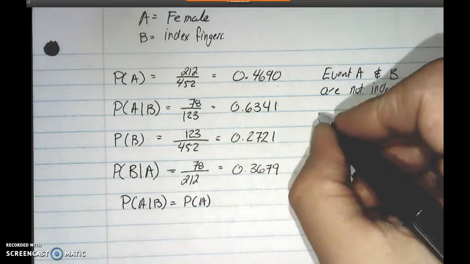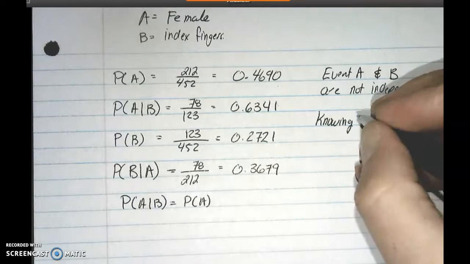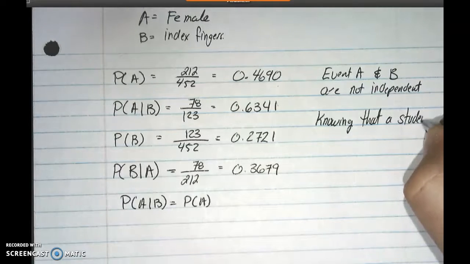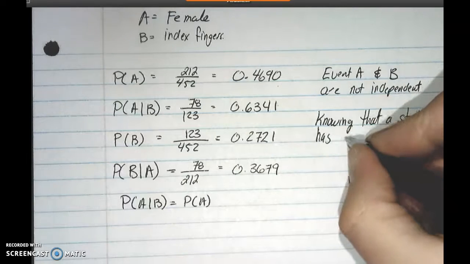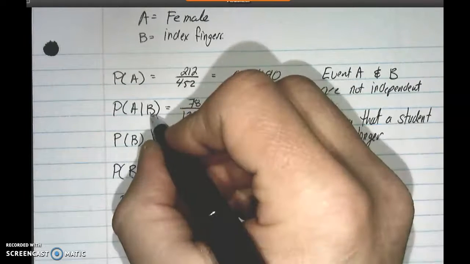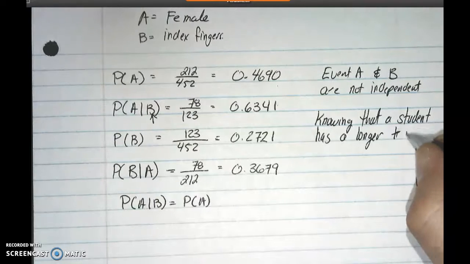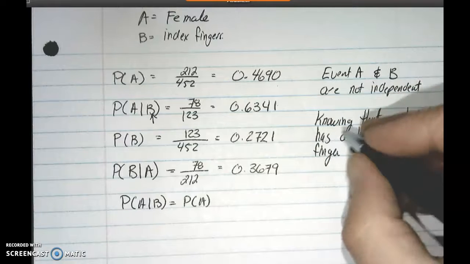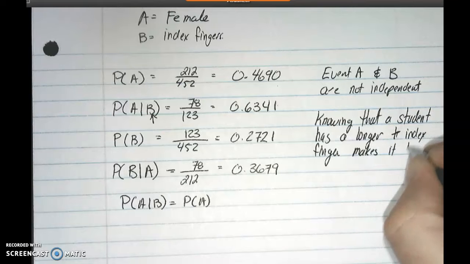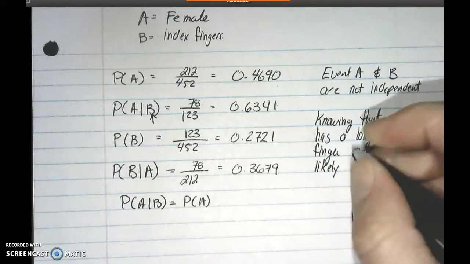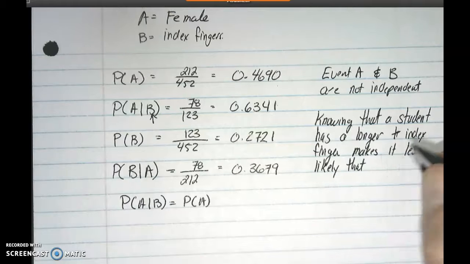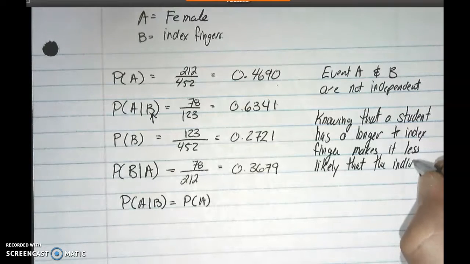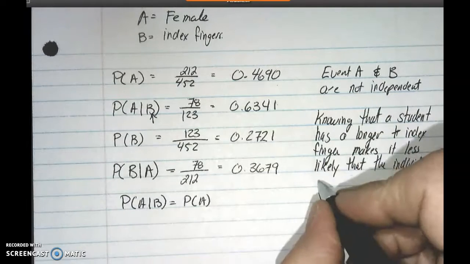So basically what this means is that knowing that they have a longer index finger makes it less likely that the individual is a female.